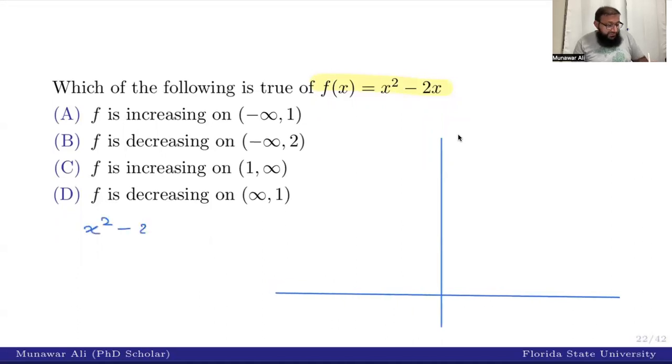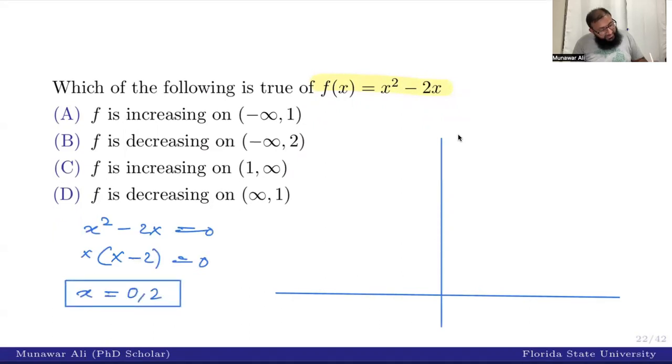I will set x squared minus 2x equal to 0. Taking x common, x times (x minus 2) equals 0. So the values of x are 0 and 2. These are the zeros. Now I'm going to find the minimum or maximum value. So I differentiate, which gives 2x minus 2. Setting it equal to 0 gives x equal to 1.